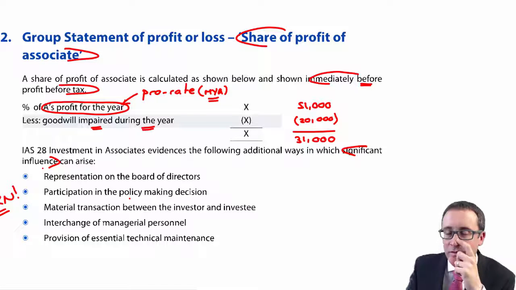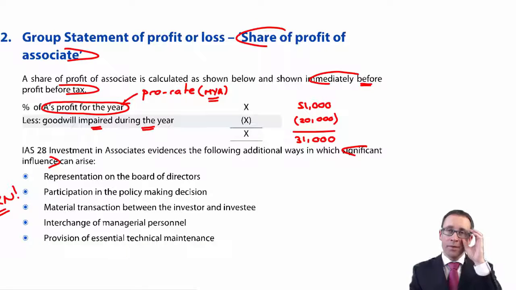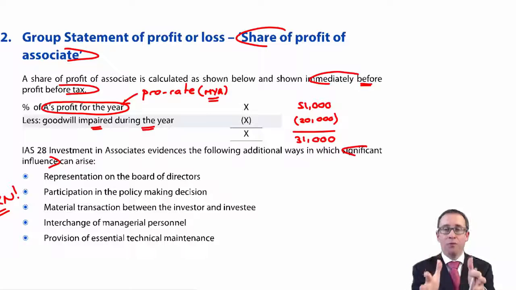Depending upon some of the specifics, because if you have representation on the board, we spoke about the AGM, didn't we, and being able to cast your votes and participate. But if you've actually got representation on the board, maybe your percentage ownership is significant enough to get representation, then you have the power to participate, don't you? You've got a director in that boardroom.